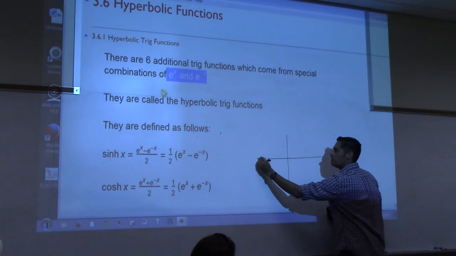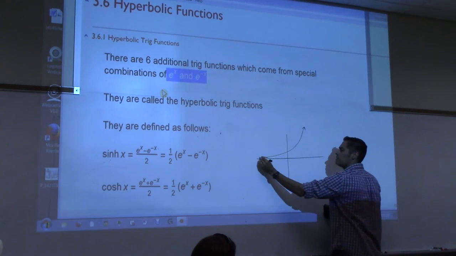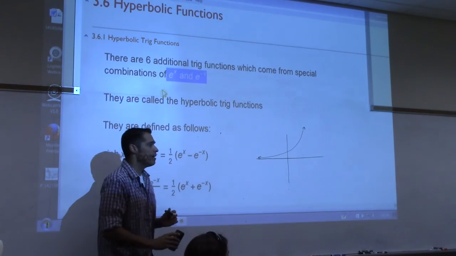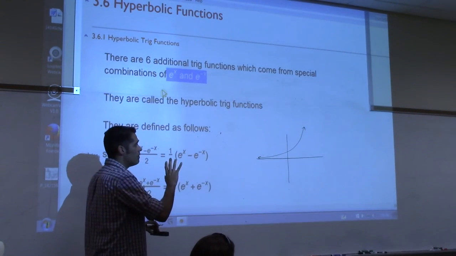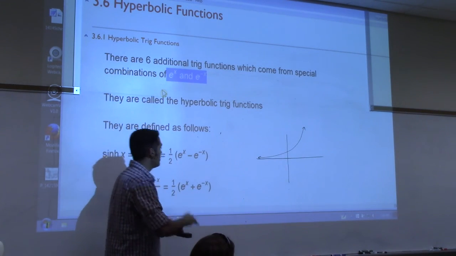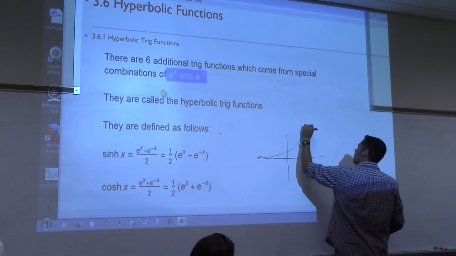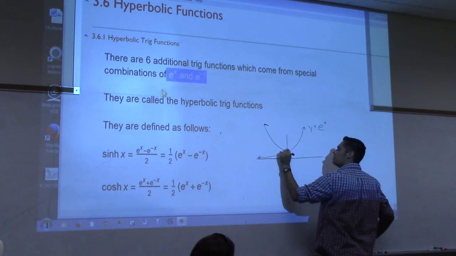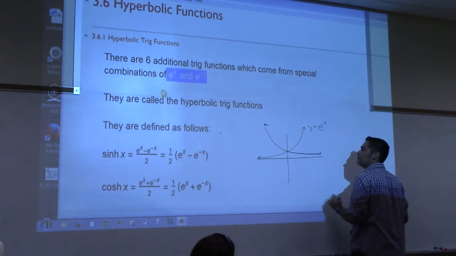Okay, yes. It goes like this. That's e to the x. And e to the negative x is a reflection of that over which axis? The y-axis. So this is e to the x, and e to the negative x looks like that.